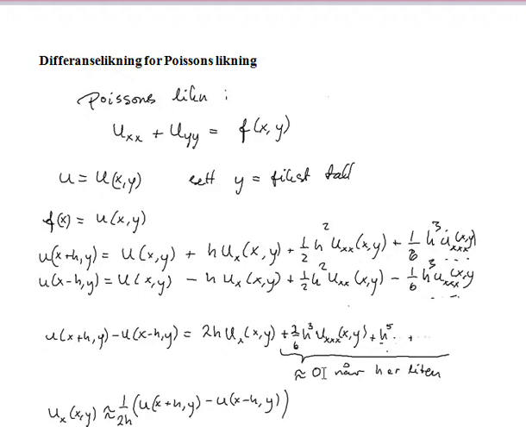And these terms are approximately equal to 0 when h is small, because, for example, h to the power of 3 is a very small value when h is a small value.